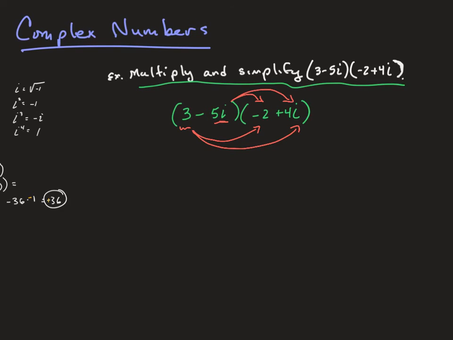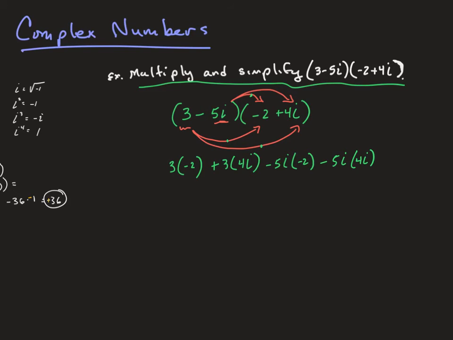So when I go to rewrite this, I'm going to have 3 times negative 2, and then I'm going to have plus 3 times 4i, right? So that is right here and right here. Then I'm going to multiply negative 5i times negative 2, which is right here, and then I am going to multiply negative 5i times 4i.